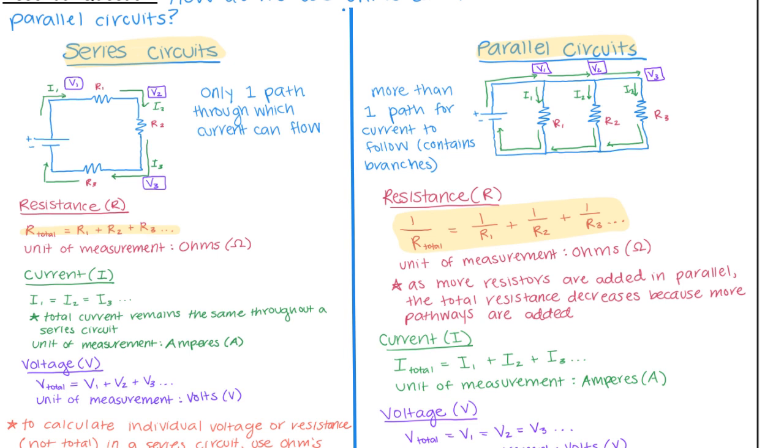So if we were to add another resistor, another branch, maybe two more branches, what's happening here is that total resistance is going to decrease because you are adding more pathways, more branches for the current to travel through in that parallel circuit.